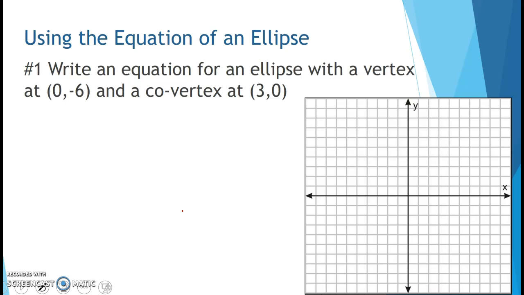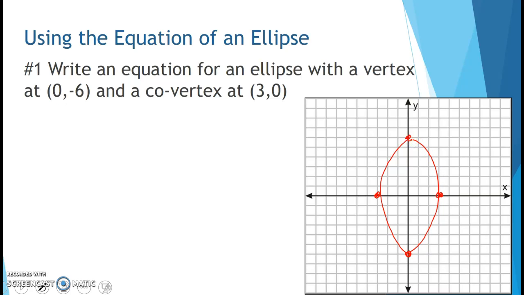Let's just take a look at how an equation is developed. So I'm going to start with one of the co-vertices at the point (3, 0), which means another co-vertex is going to be at (-3, 0). Then we have a vertex at (0, -6), which is down here, which means another vertex is going to be at (0, 6), which is up here, which means we have an ellipse that looks something like this.